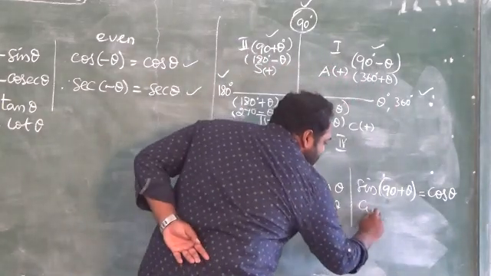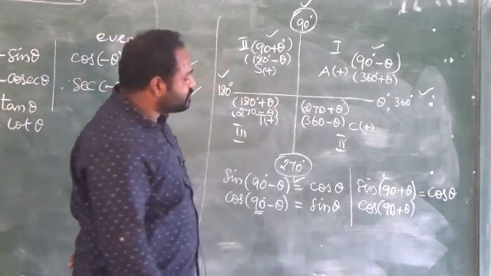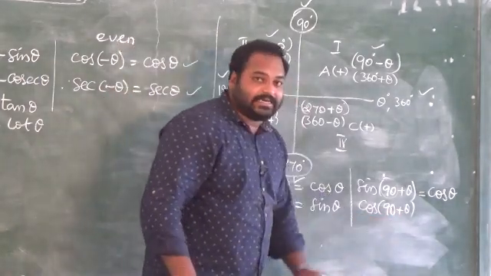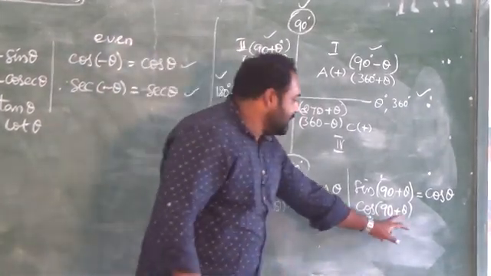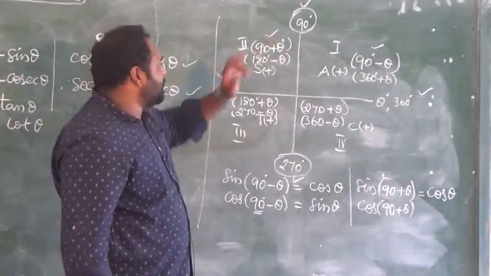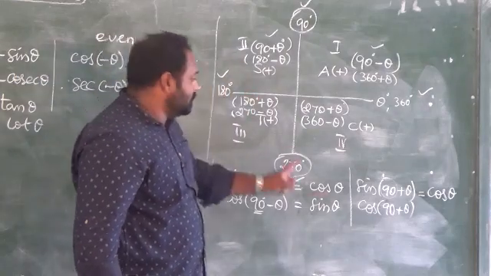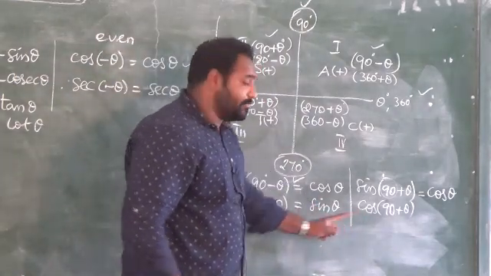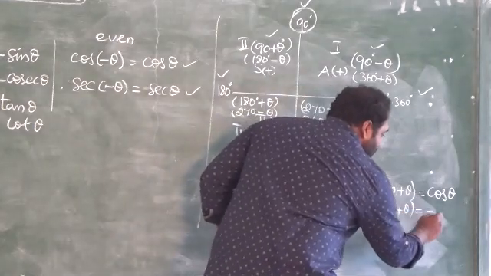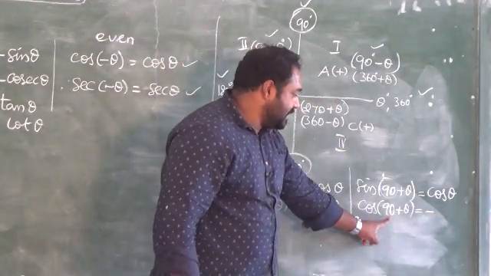Same like that, cos of 90 plus theta. Here first let me check the quadrant: 90 plus theta is in the second quadrant. In the second quadrant, sine alone is positive. What about cos? It is negative, purely negative. So minus first, then check the 90.